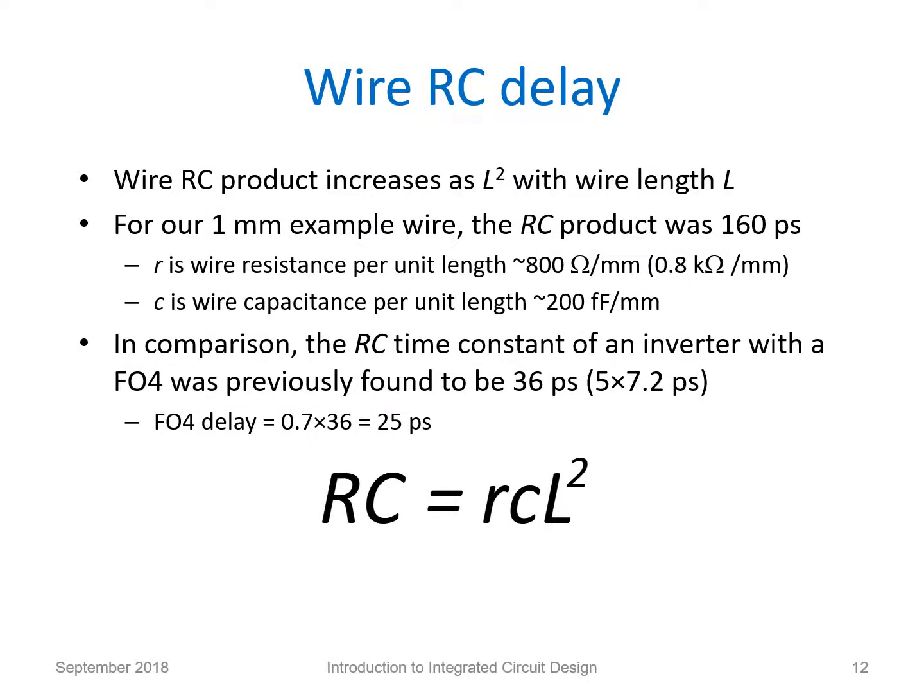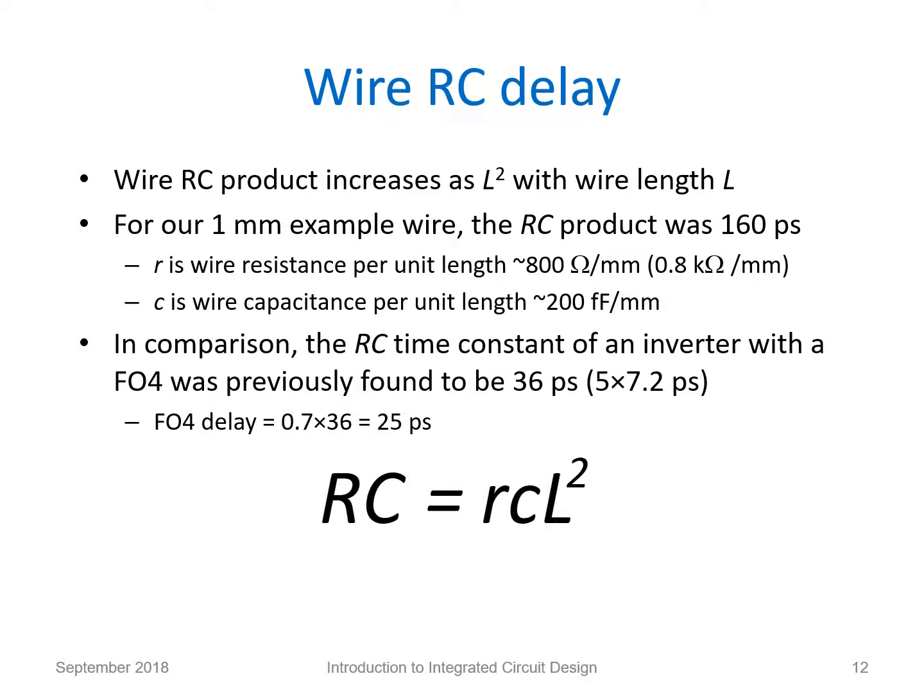To summarize so far, we have found that the RC product of a wire increases as the wire length squared. For our 1 mm example wire, the RC product was found to be 160 picoseconds because we had a wire resistance per unit length of 800 ohms per millimeter and a wire capacitance per unit length of 200 femtofarads per millimeter.